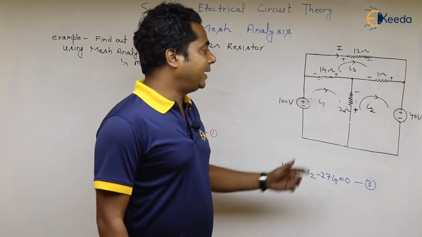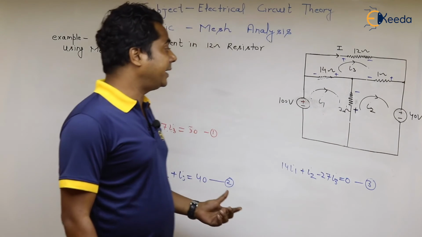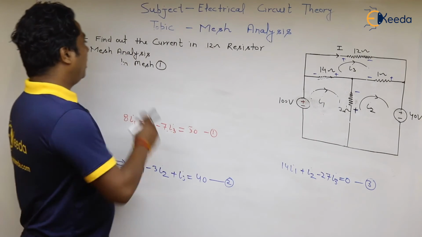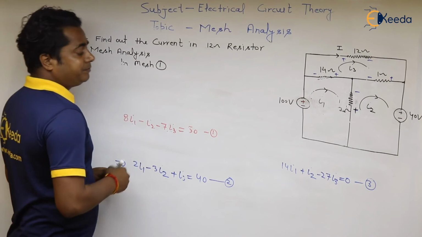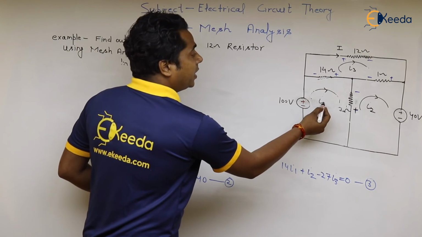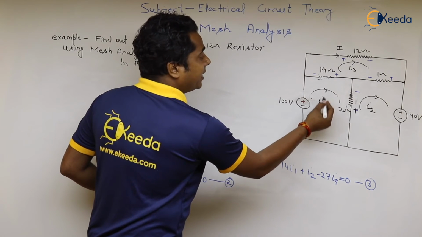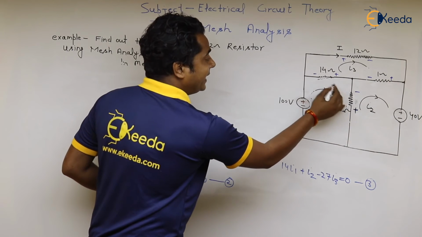We are going to understand this question with short tricks. While applying short tricks, we have to consider the current term I1. Using mesh analysis in mesh number 1, the resistance associated with current I1, meaning the I1 current is flowing in 14 ohm as well as 2 ohm, and we are taking mesh number 1.